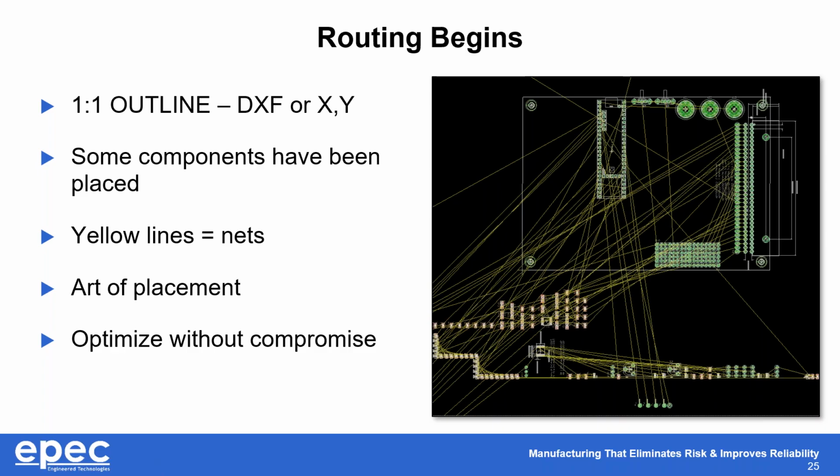I said art of placement on this slide specifically because it really is amazing what our designers can fit onto a board and have it function properly. They can optimize it without compromise. They know where to put everything. It really is a nicely drawn out PCB when they're completed.